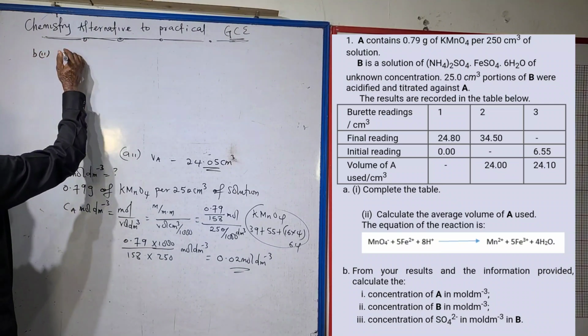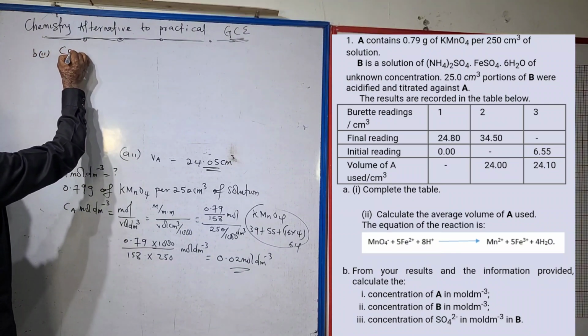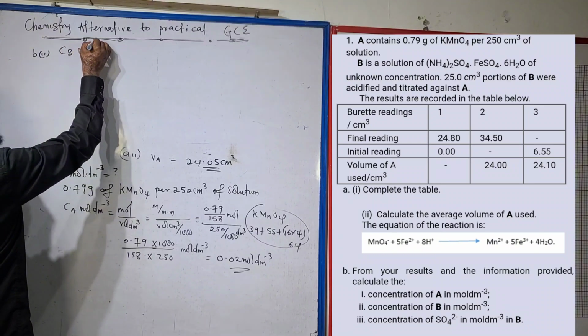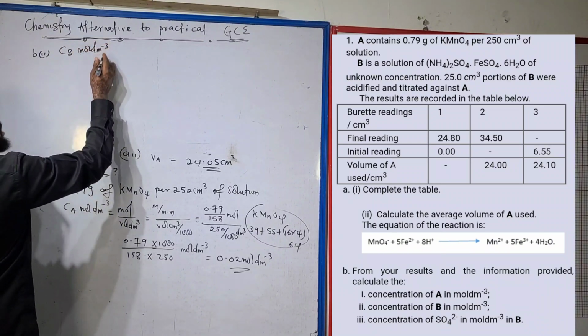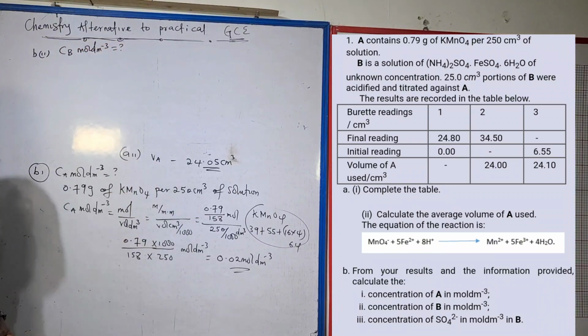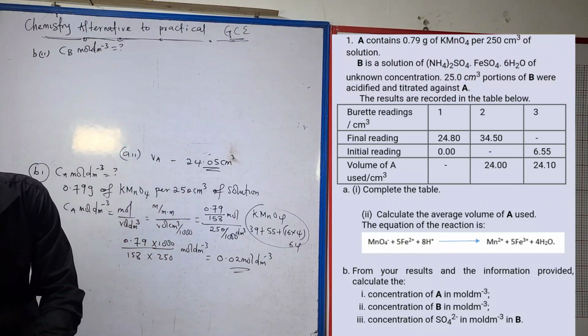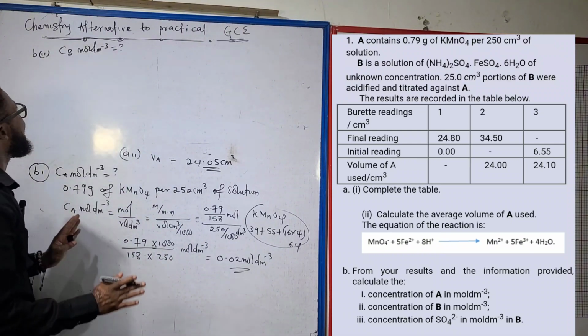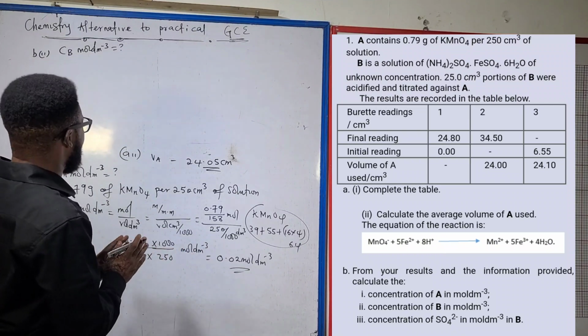I was told to look for the concentration of B in mole per dm cube. That's the question. But looking at the question on your screen, I never had any info about that.